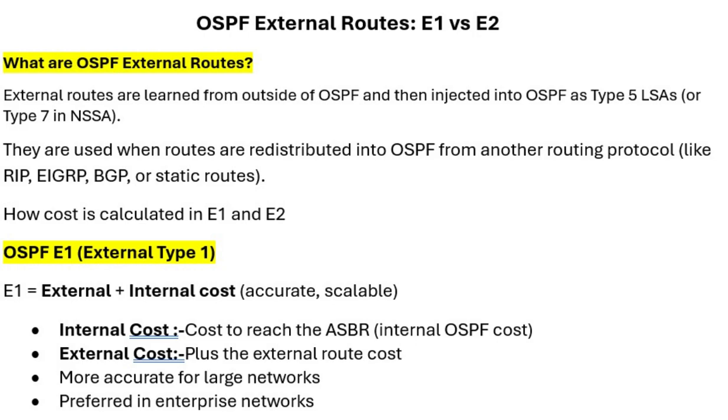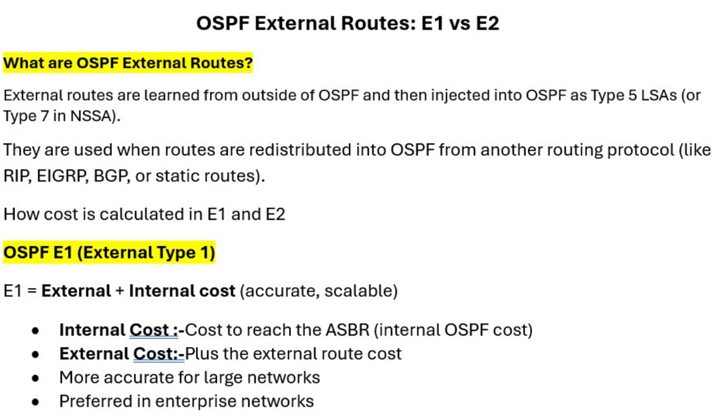So let's talk about OSPF E1 cost. E1 equals external plus internal cost. So what are the external cost and internal cost? E1 is the combination of both external plus internal.